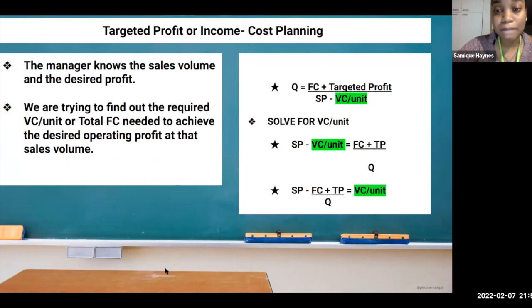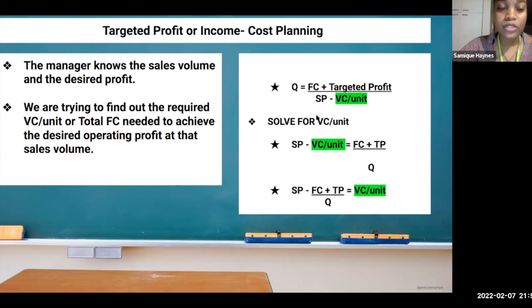Now, friends, listen. You see these equations over here. If a question asks you for variable cost per unit, then you just plug in the others and solve for this. If they ask you for selling price, then plug in the others and solve for selling price.